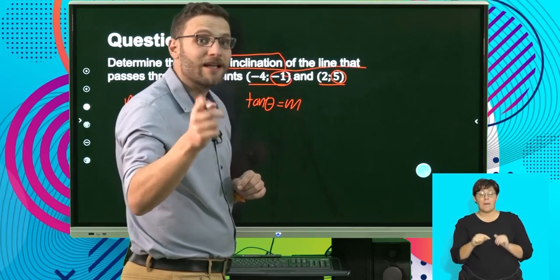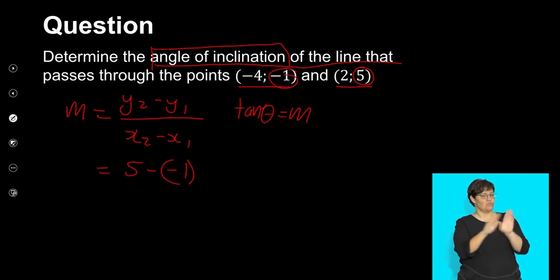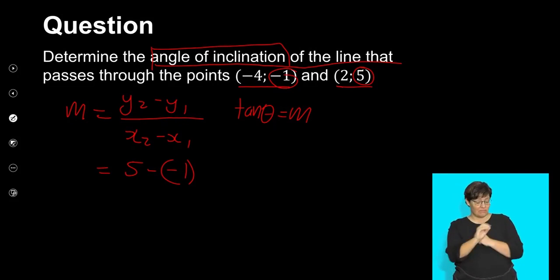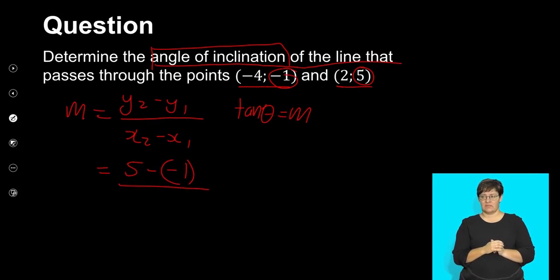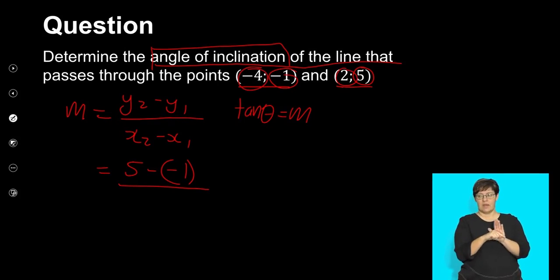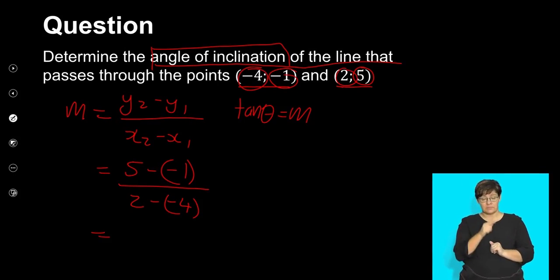I'm subtracting -1. And so it's so easy to just write 5 minus 1. It's not. It's going to end up being 5 plus 1. And so whenever you substitute a negative value, always make sure that you do it in brackets. At the bottom, I'm going to get 2 minus 4. This ends up being 6 over 6, which is equal to a gradient of 1.